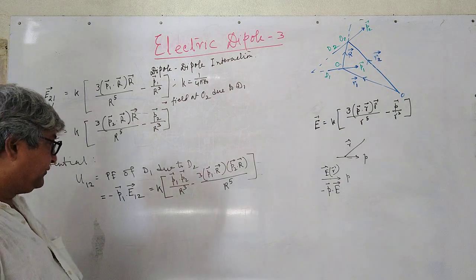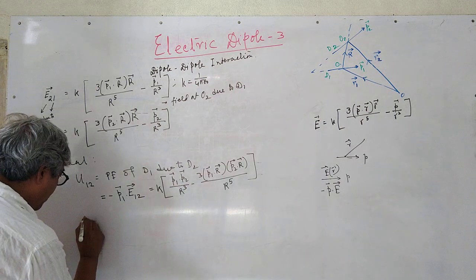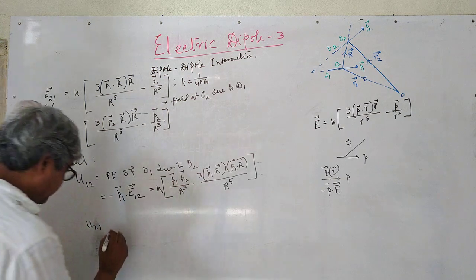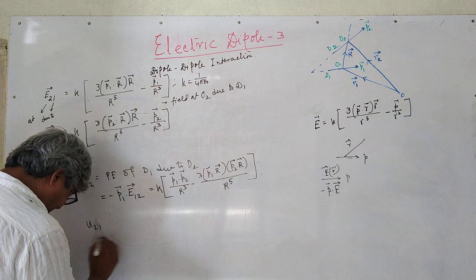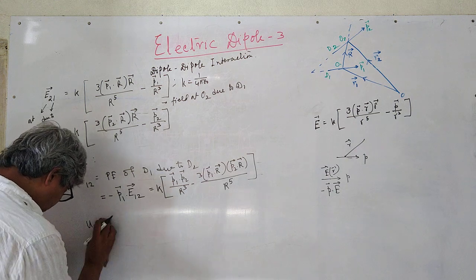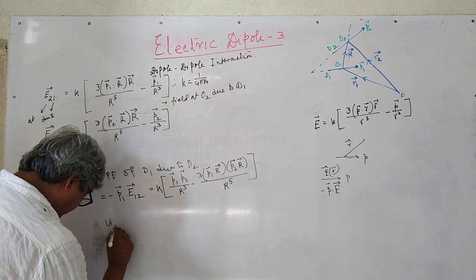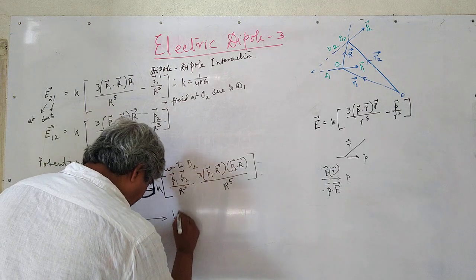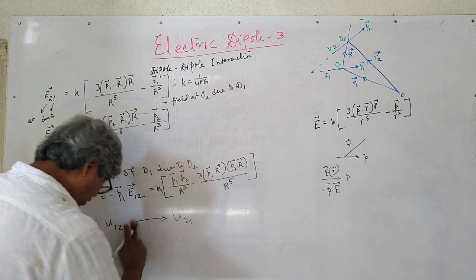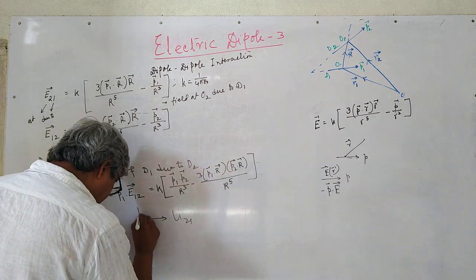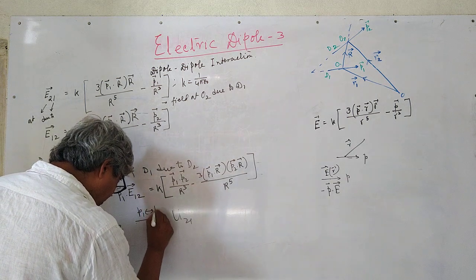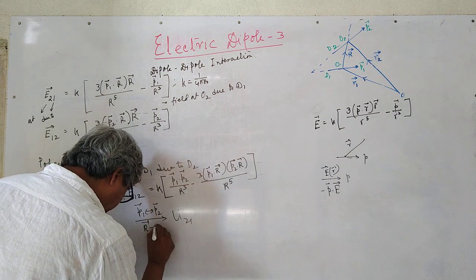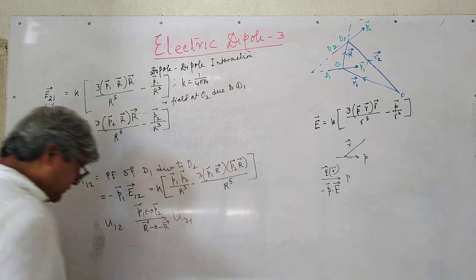Now if you want to obtain U21, how do we get it from this? Starting from U12, we can go to U21 by interchanging P1 and P2, and then changing R by minus R. This is also valid.